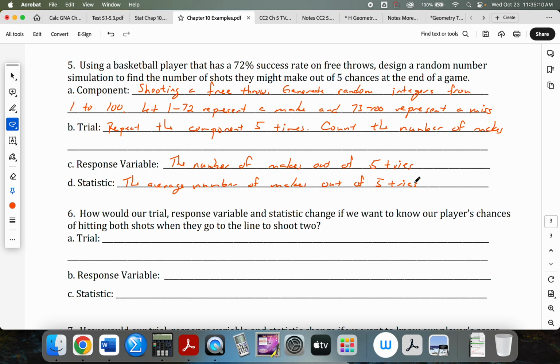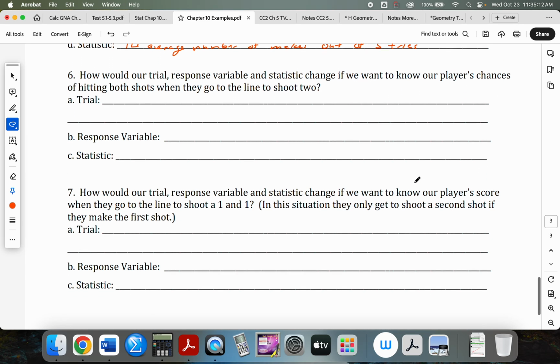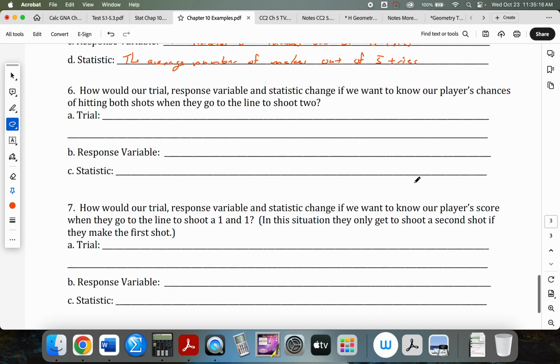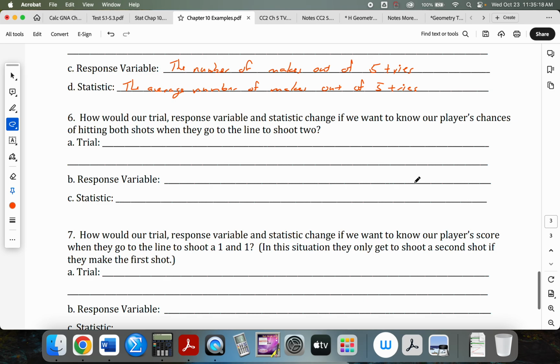Here's where it gets really interesting. How would our trial, response variable and statistic change if we want to know our player's chances of hitting both shots?